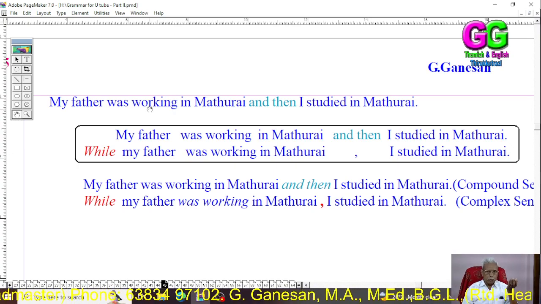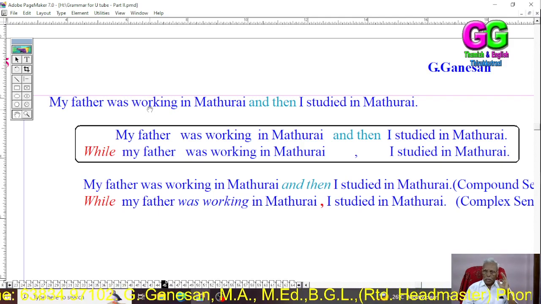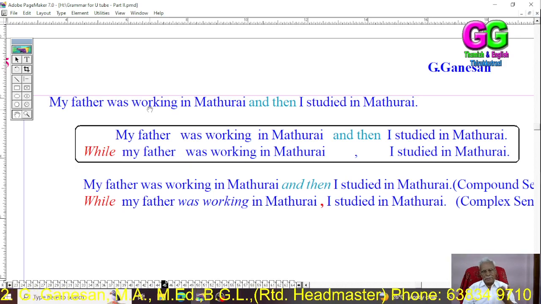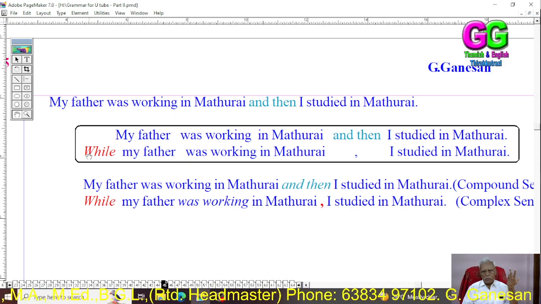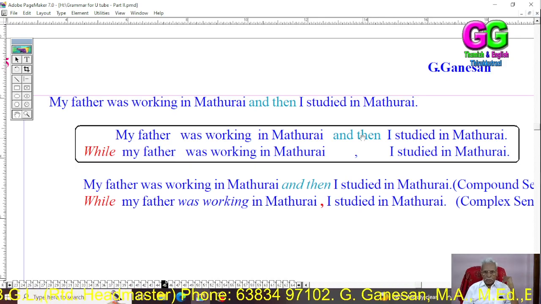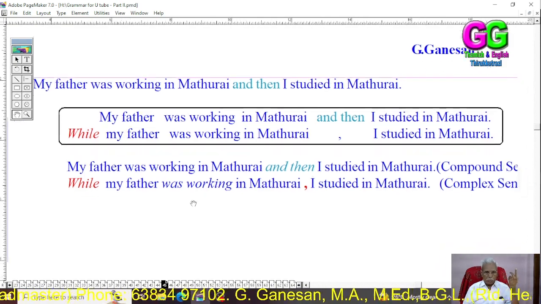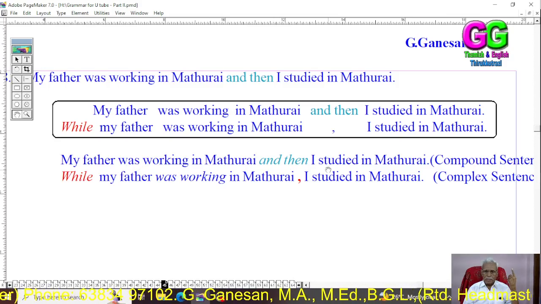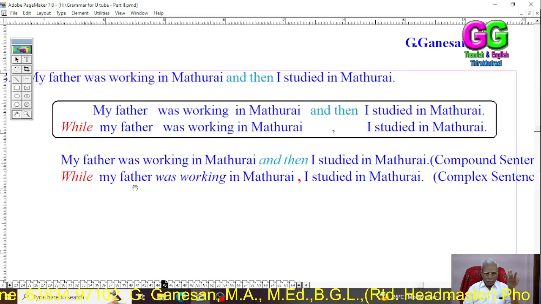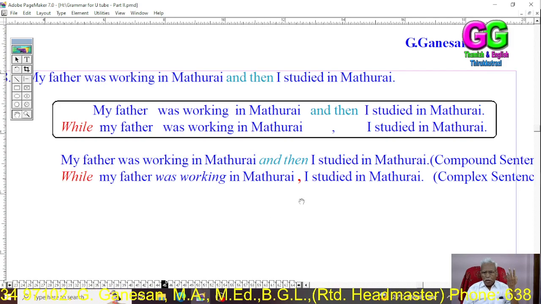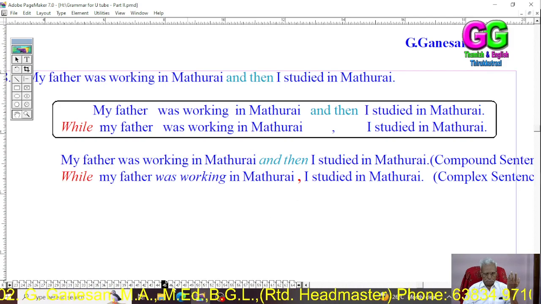Of course, we can use "when", but "while" should be the most accurate conjunction. "And then" is replaced by "while". While my father was working in Madurai, I studied in Madurai college.